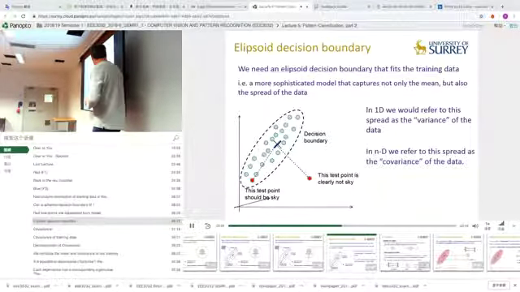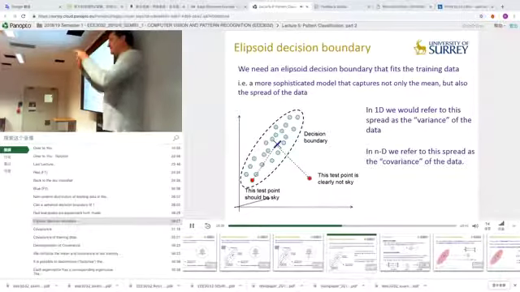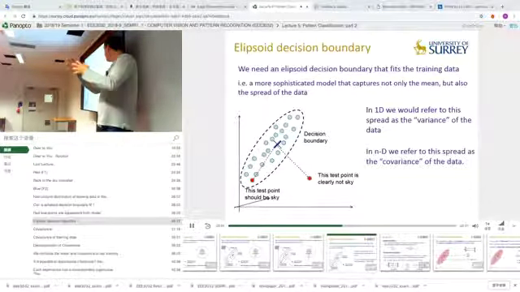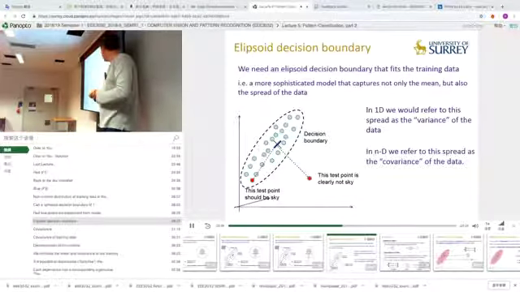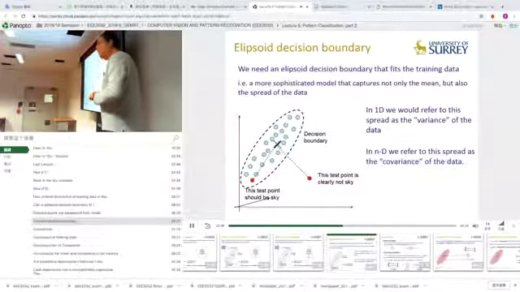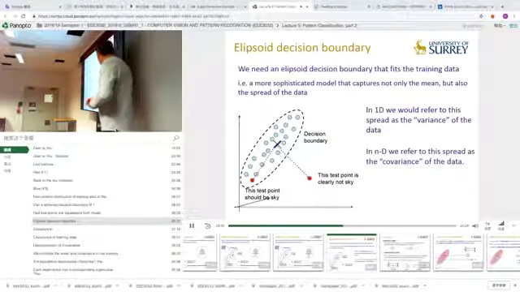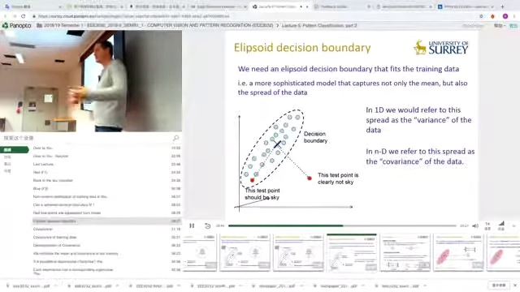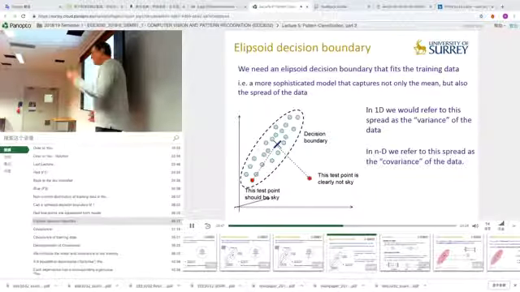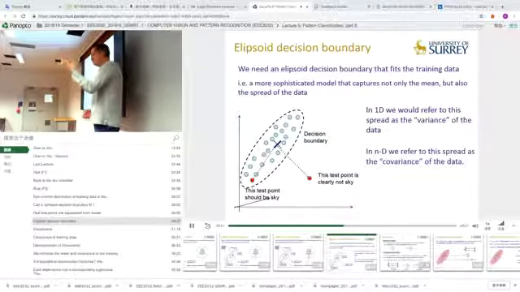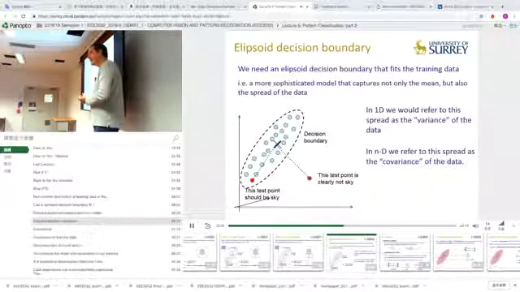So in one dimension, I talk about the mean and its variance. But if we're working in more than one dimension, as we almost always are in machine learning, then we're working in an n-dimensional space, some high-dimensional space. It's still super easy to calculate the mean. It's just the average of each feature.